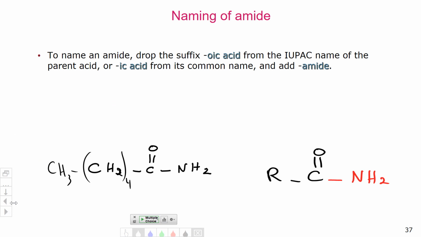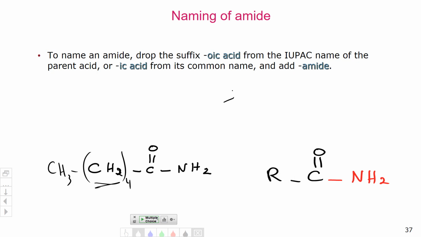Now, lastly, the amides. How do we usually name them? Again, take it as if it's coming from a carboxylic acid. We cross out the oic acid and replace it with amide. So in here, when I say CH2 bracket 4, what does that mean? There are 4 CH2s connected to each other.